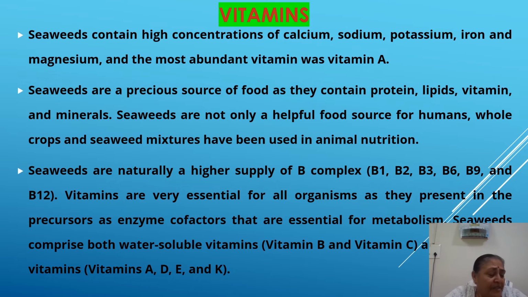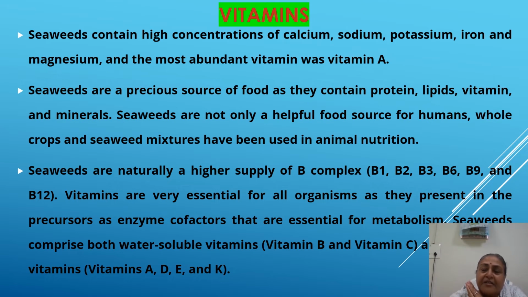Vitamins, various kinds of vitamins. Seaweed is a big source of minerals and vitamins. We are getting calcium, sodium, potassium, iron and magnesium, valuable minerals, from it. And besides this, these seaweeds are a precursor source of food as they contain protein, lipid, vitamins, and minerals, and they are helpful for our food items.